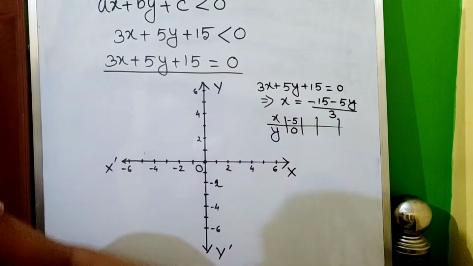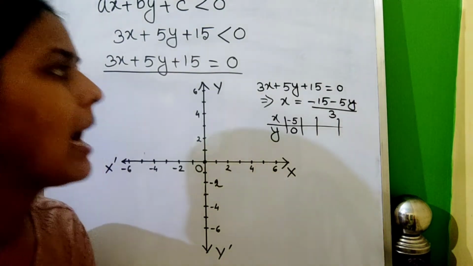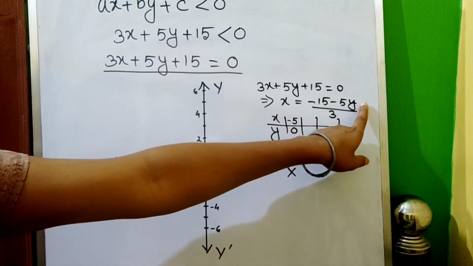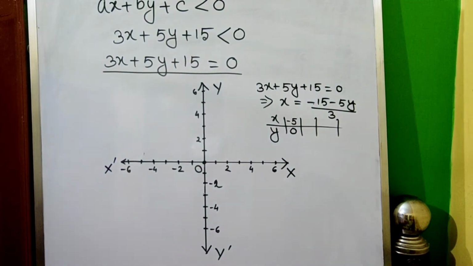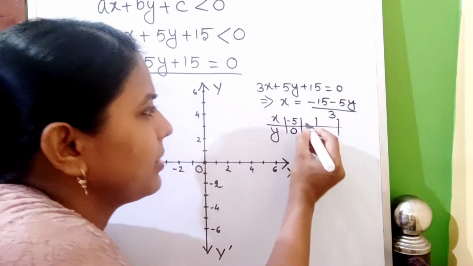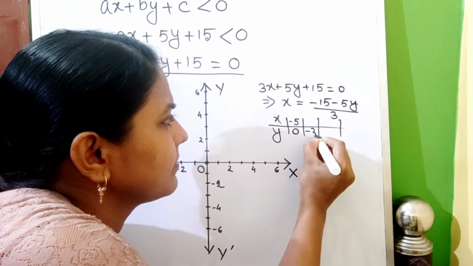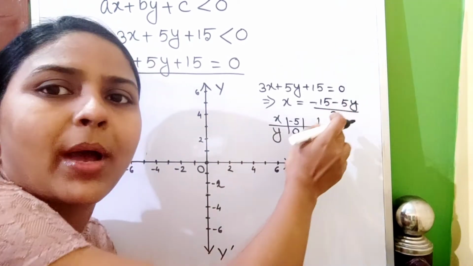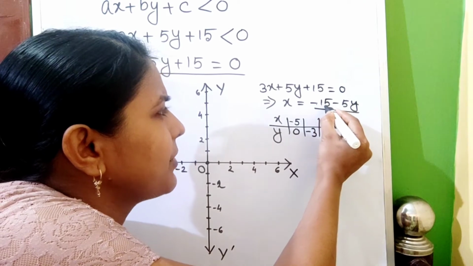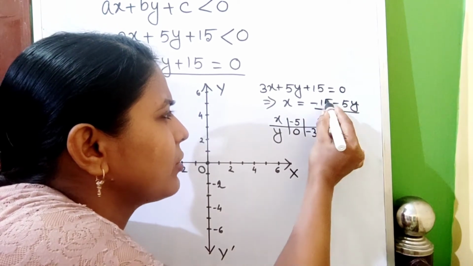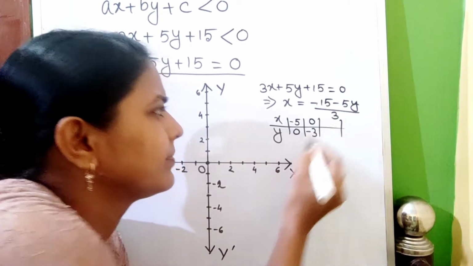Okay, minus 5. Then in place of y, suppose I put minus 3, then we will get minus 15 plus 15, which is 0. 0 by 3 is 0.